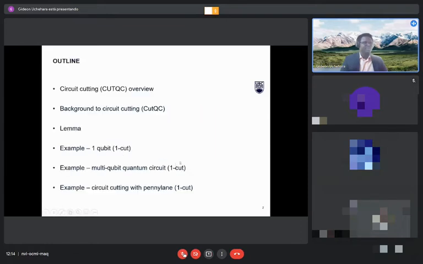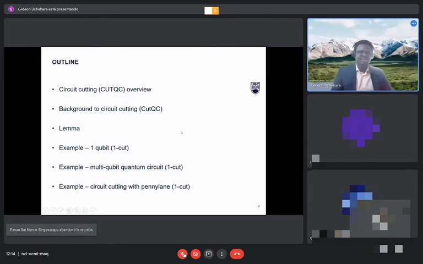So the outline for the presentation is just like this. I'll be talking about circuit cutting, and anytime you hear cut QC, it simply means circuit cutting. I'll use those terms interchangeably. I'll go over the overview for circuit cutting, then the background to circuit cutting.